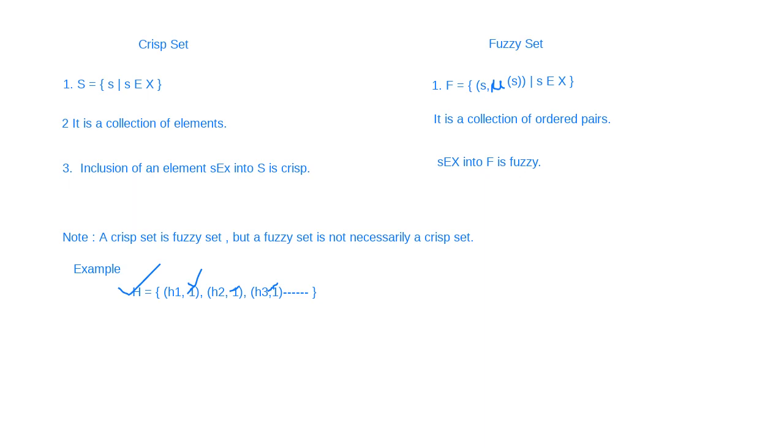So crisp set is a fuzzy set. But you can't say that a fuzzy set is necessarily a crisp set, right? Because if in a fuzzy set you have membership values, suppose 0.2, 0.3, 0.4, it means that fuzzy element can belong to any other subset also.